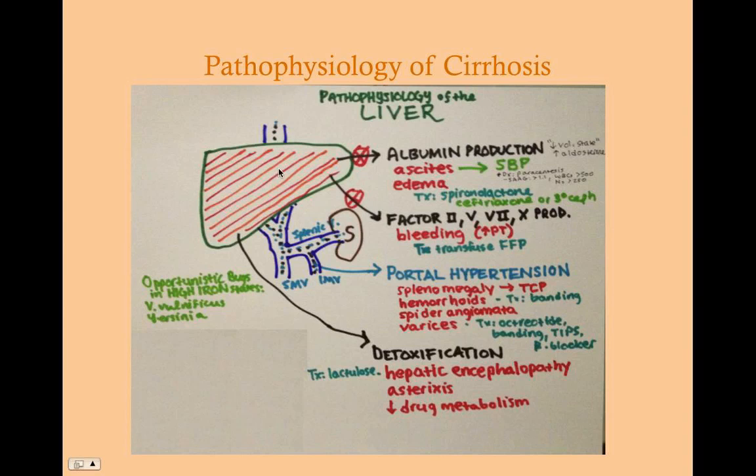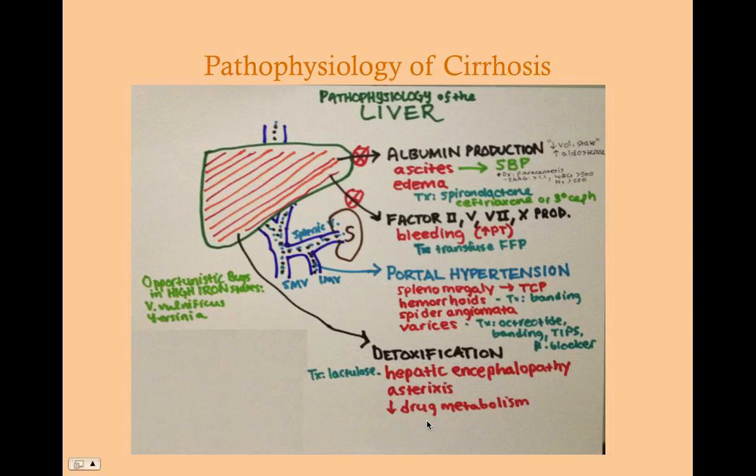Now, when the liver becomes cirrhosed, you get a backup of blood, and the pressure in the lower part here, the splenic vein, SMV, IMV, and the hepatic vein, is going to be increased.